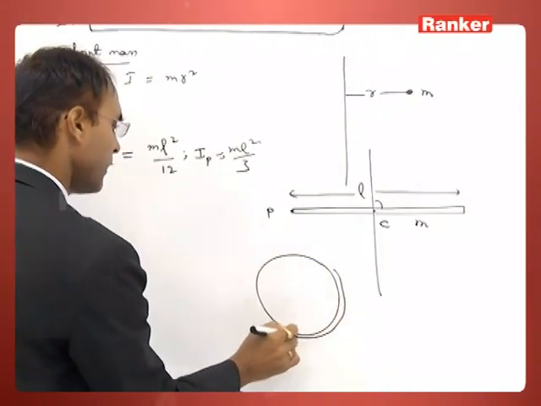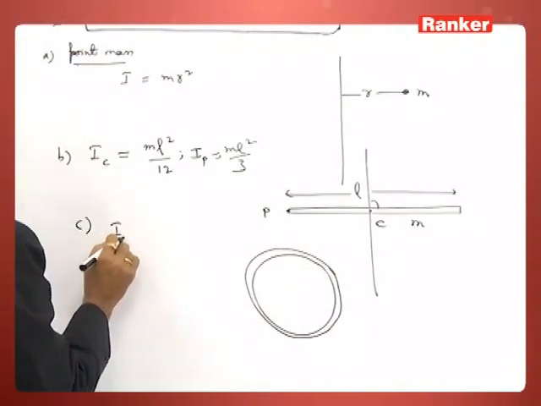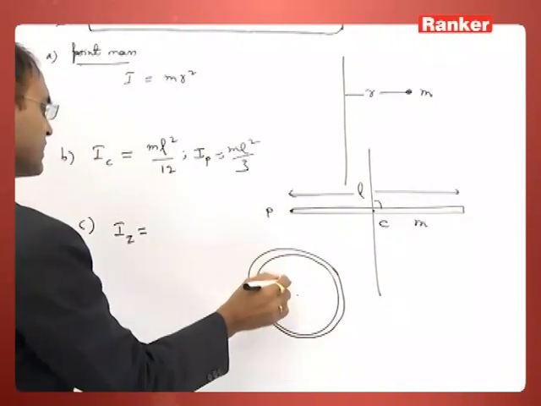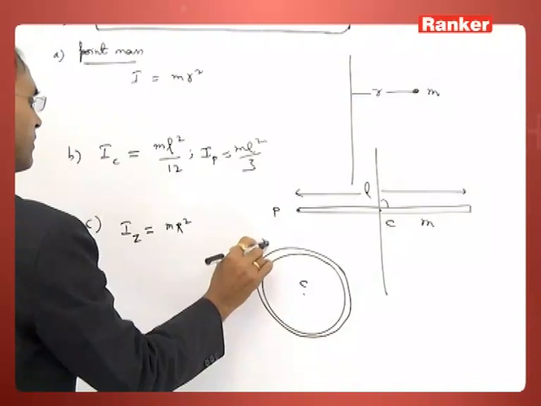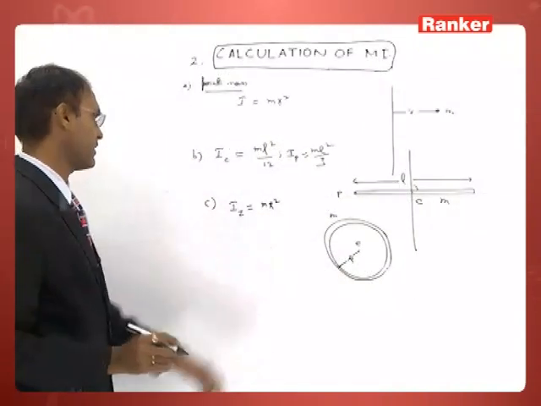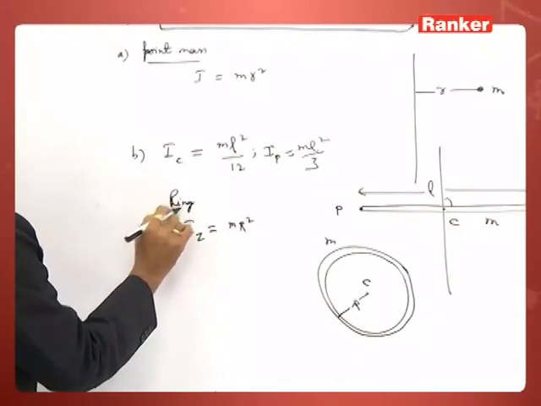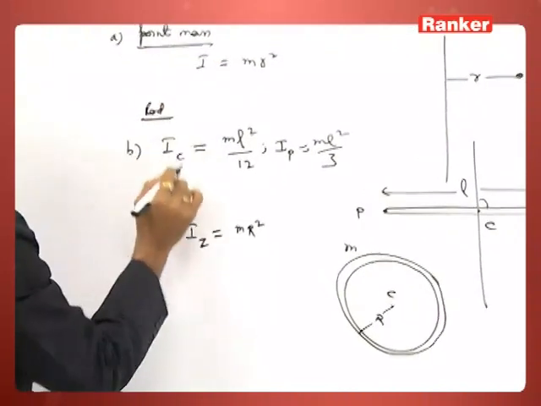For any ring, the moment of inertia about the perpendicular axis passing through the center of mass is equal to mr square. M is the mass of the ring, R is the radius of the ring. This is a point mass, this is a rod, this is a ring.